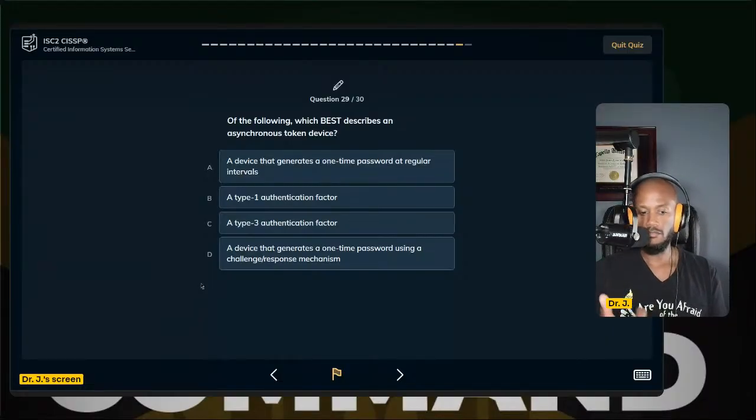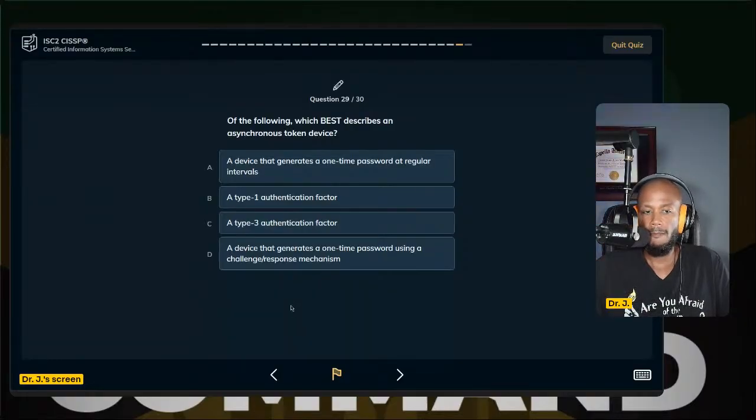With Delta, it is only going to show up when there's some sort of initiation from the human saying, okay, I'm trying to log in, I need to enter this token. So then that's the time maybe the device will produce a password or a code because it's being prompted.